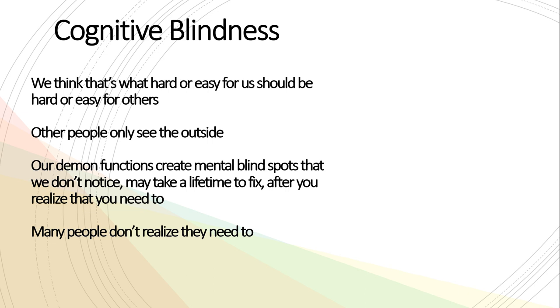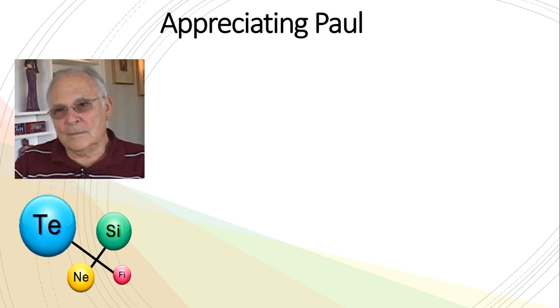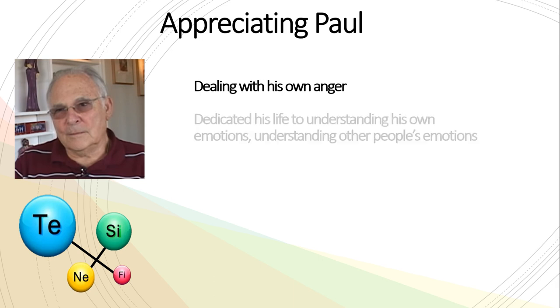So something or some set of things happened to Paul at a very, very young age that caused him to feel like he needed to deal with his own anger, right? If someone had helped him with his emotional regulation, he would have probably never decided to go on this life journey. He actually had to recognize that this was a problem in himself, and he decided to deal with it.